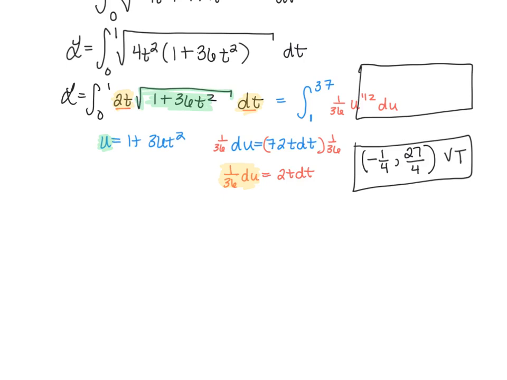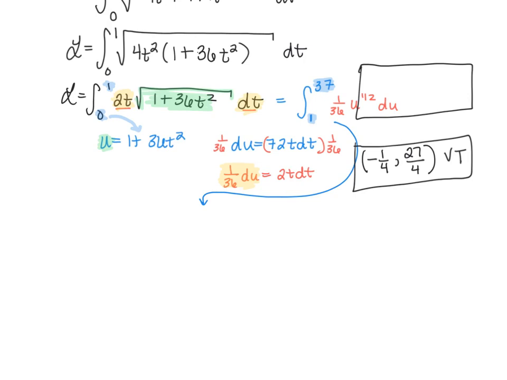And then I re-indexed, plugged in 0 to u, and I got a 1. Plugged in the 1 to u, and I got a 37. All right, so now that everything is color coordinated, hopefully you see where everything is coming from, and I can evaluate.